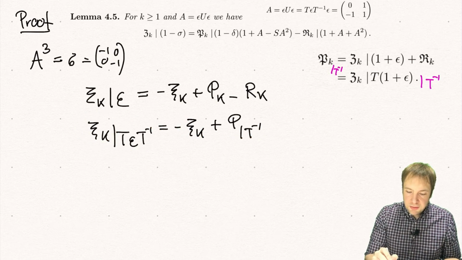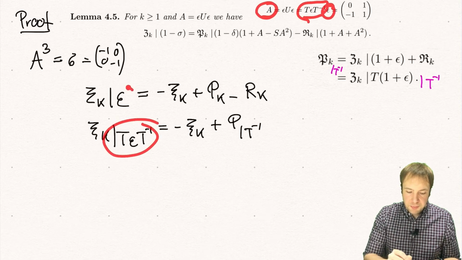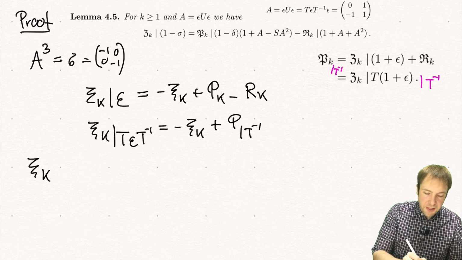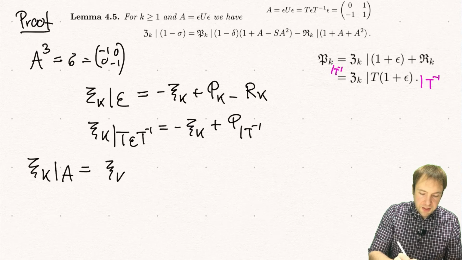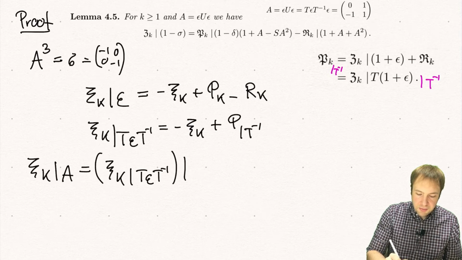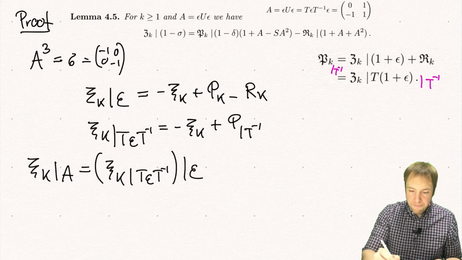And now, what is the action of A? So here now you see that A, you can check, is just this matrix here times this epsilon here. So if I want to see what the action of A is on this thing here, where this is zk, where I have the action of this, and then I take the action of epsilon, because this action is a right action.